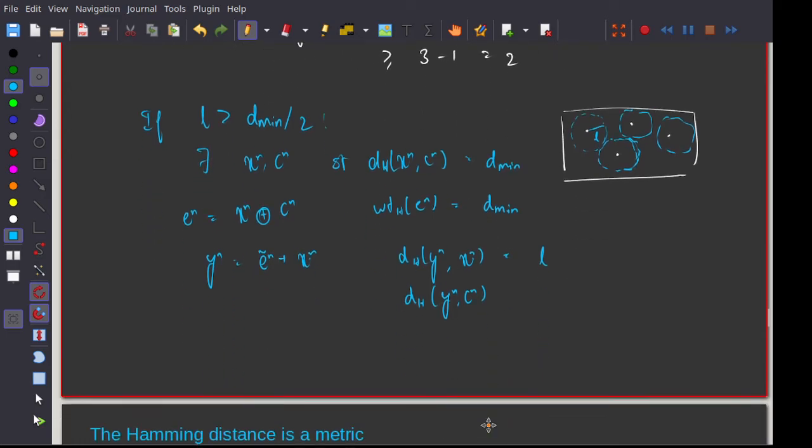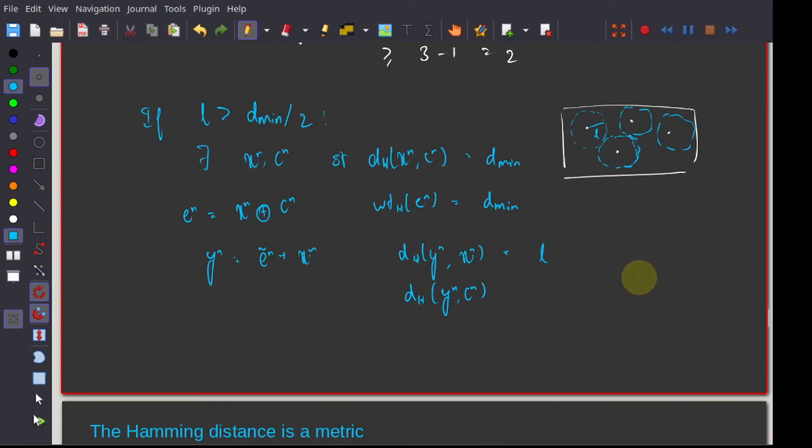So the geometric way of thinking about it is the following. I'm giving you 2 points, xn and cn, and the distance between these two is d min. What I'm choosing is an error vector along xn and cn, which takes xn to cn.